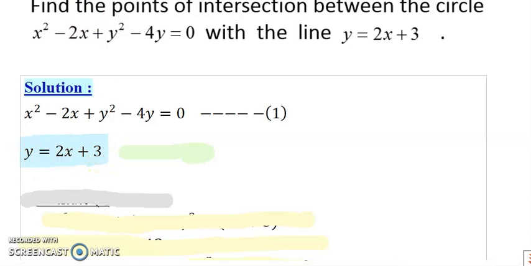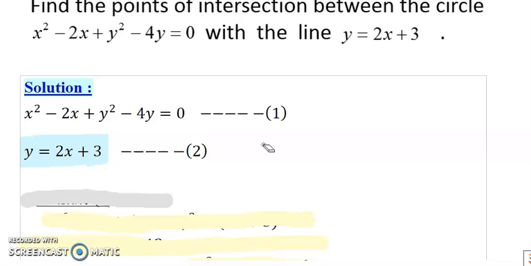The reason we want such an arrangement before we denote it as equation 2 is that the next step is to substitute this line equation into the circle equation to reduce the variables. Now you can see both equations have the variables x and y.